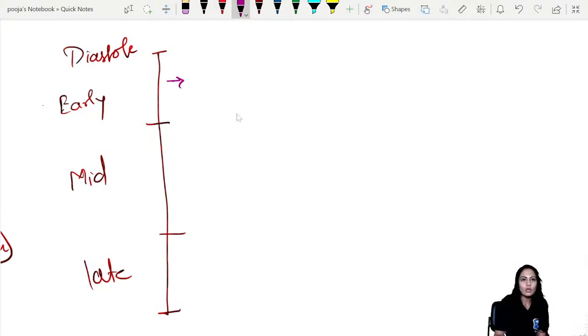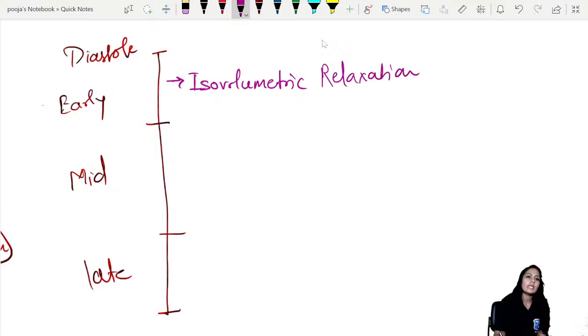In early diastole, I told you there is no volume change, so this is isovolumetric relaxation. Then this is the early filling, which is very rapid.